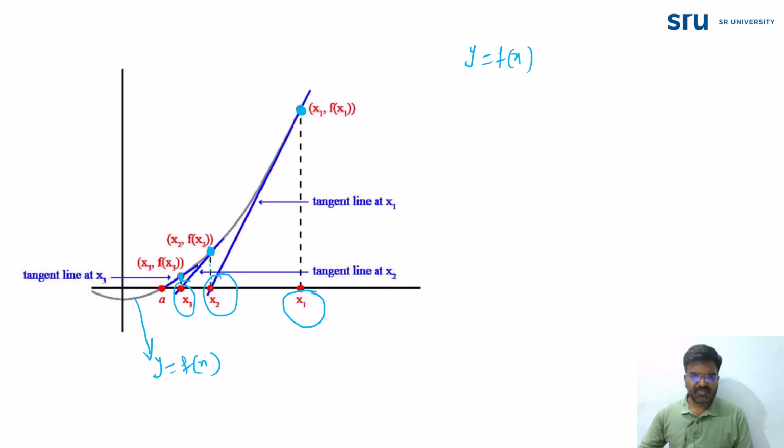If we continue this process, we can reach the exact root after a few iterations. So in every step, we are constructing one new tangent. That new tangent generates the next approximation of the root. This is the geometrical interpretation of the Newton-Raphson method.